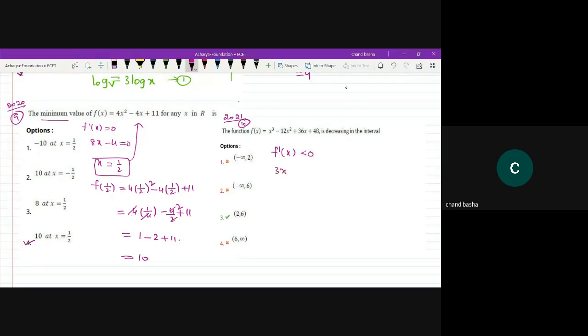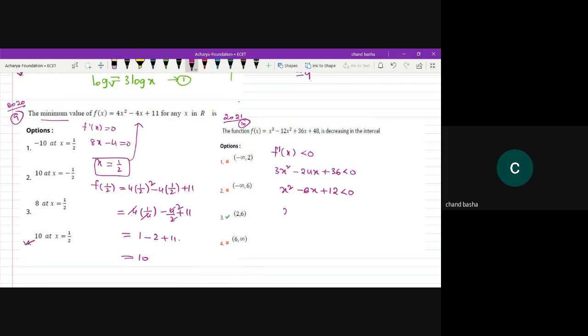Differentiation చేయండి. 3 times of x square minus 24 times of x plus 36 which is less than 0. X square minus 8x plus 12 which is less than 0. 12 is 6 into 2.